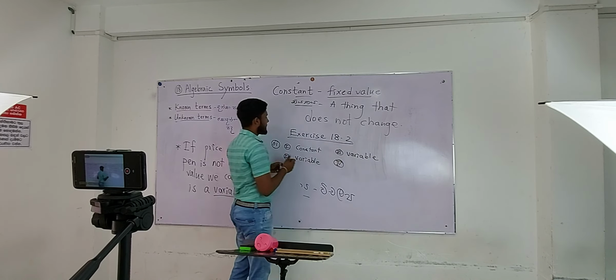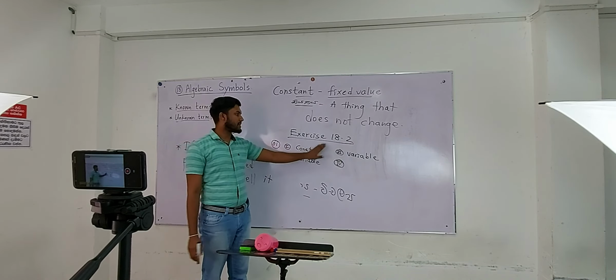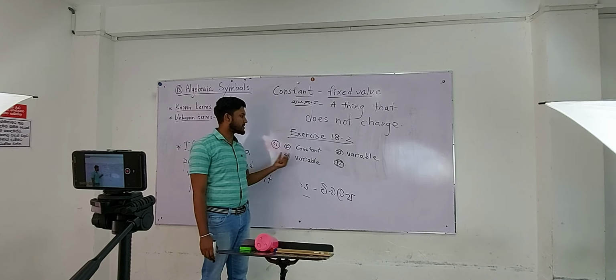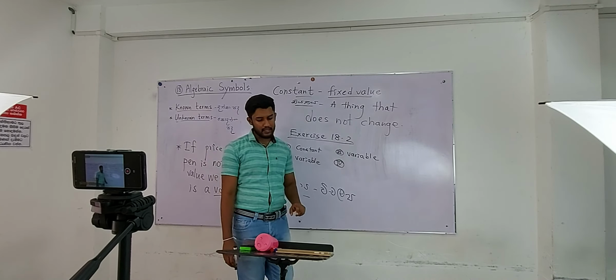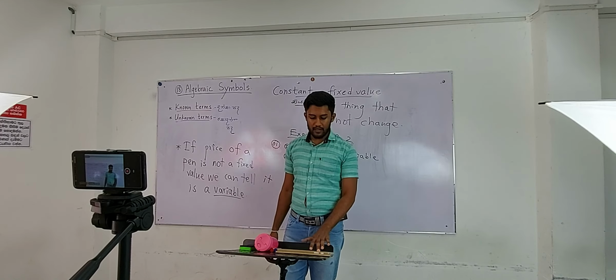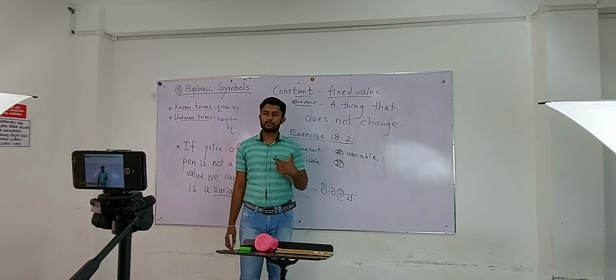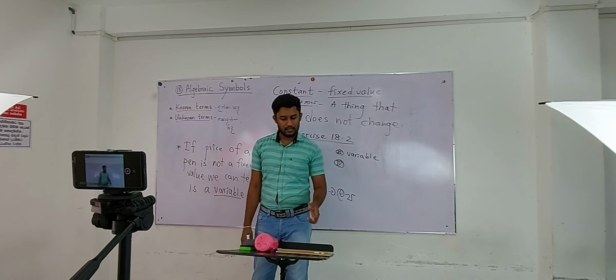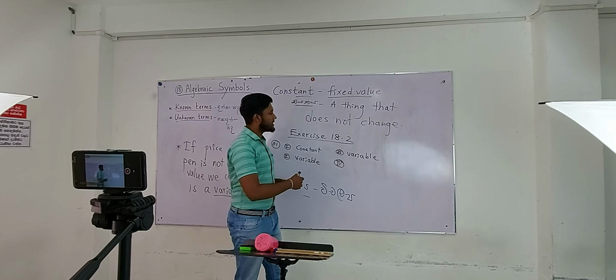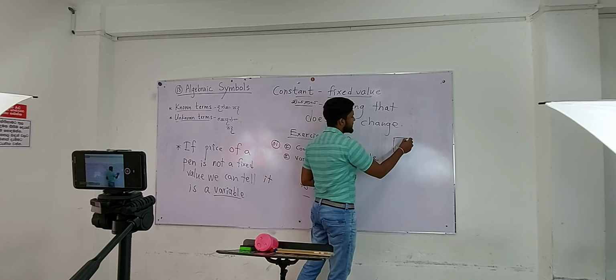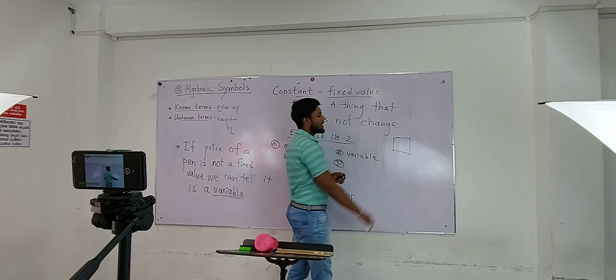Fourth one, we are discussing exercise 18.2, first question, part 4, right? The number of sides in a square. When considering a square, can you remember, dear students, a square means a quadrilateral.